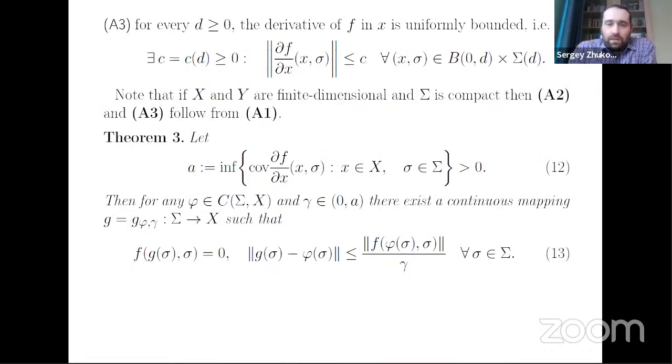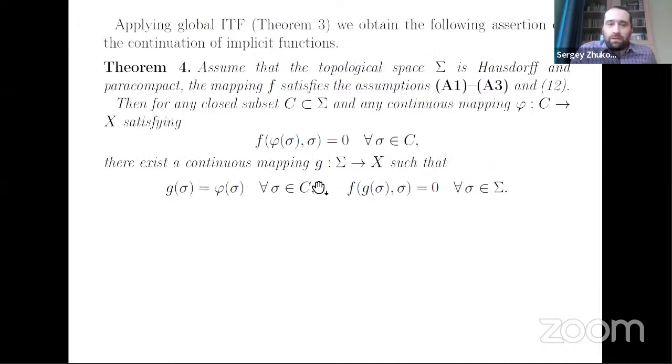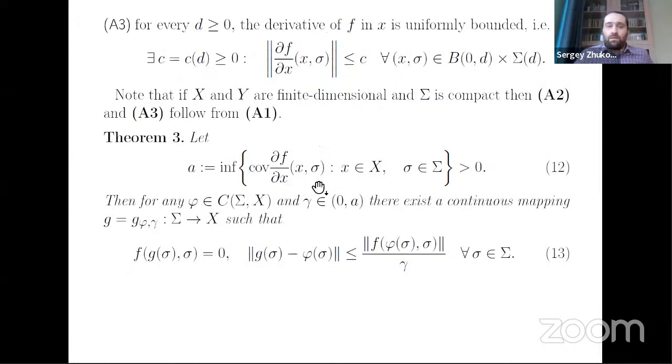Theorem 3. Assume that, as before, f is smooth enough, in particular, if X and Y are finite dimensional spaces, then we just assume that f is continuously differentiable in variable x. And assume that all the covering constants of the derivatives are separated from zero by a positive number a.